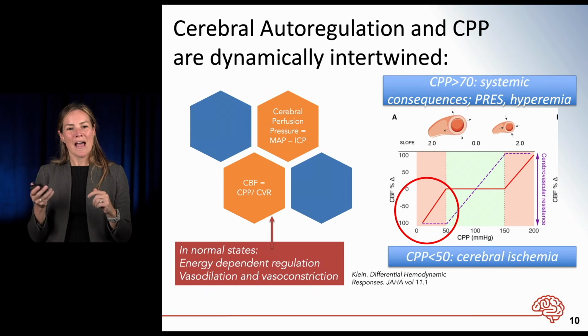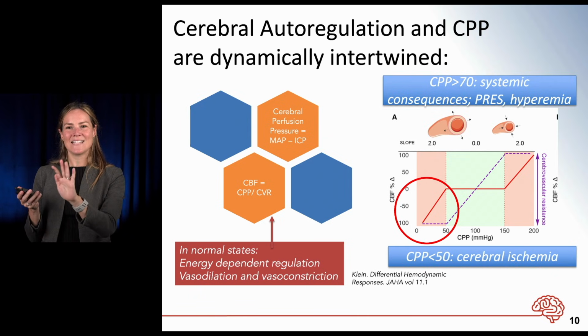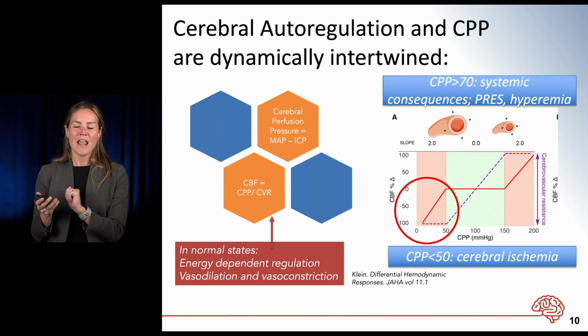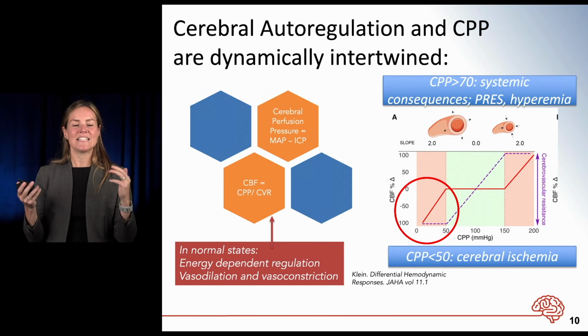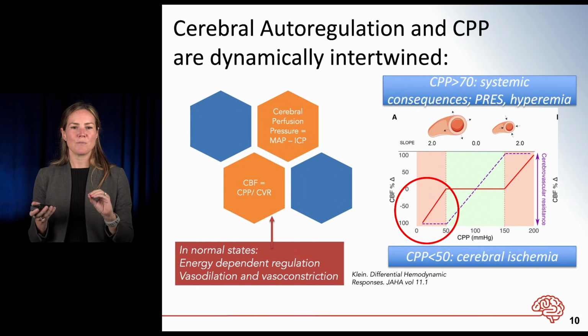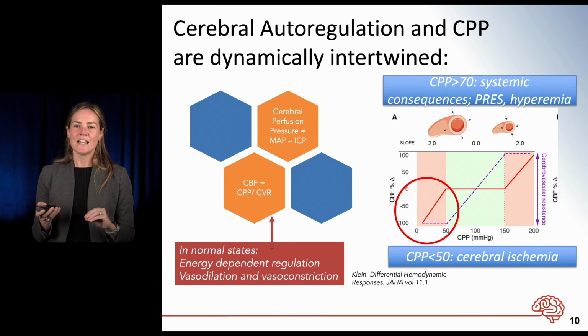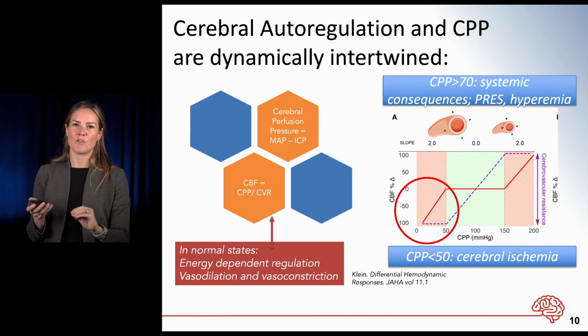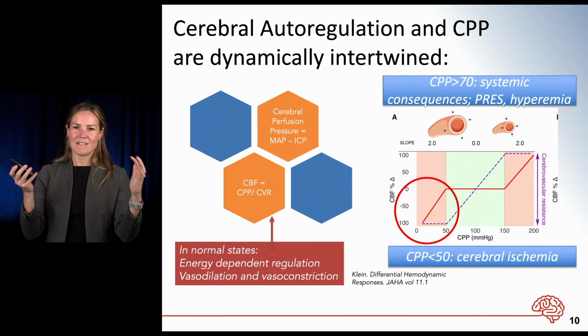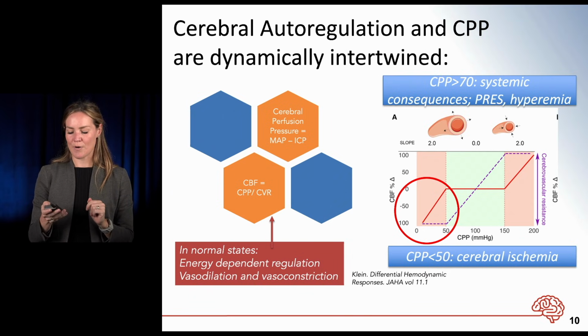So you could also have a bad situation if you have too high of a cerebral perfusion pressure, and we're going to talk a little bit more about that in a different lecture when we cover PRESS. But for now, I really want you to focus on that a cerebral perfusion pressure less than 50 is going to cause ischemic injury, secondary brain injury, which is why it's so important to keep your ICP low so that we are not causing unhappiness to the brain.